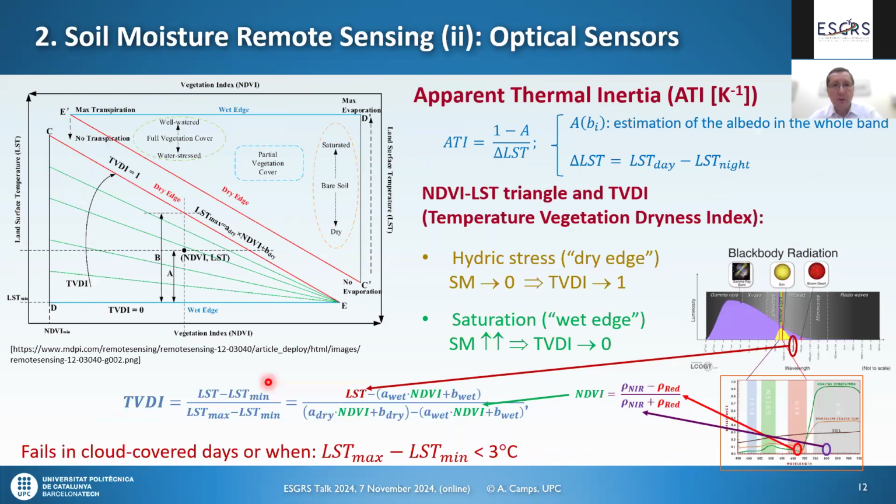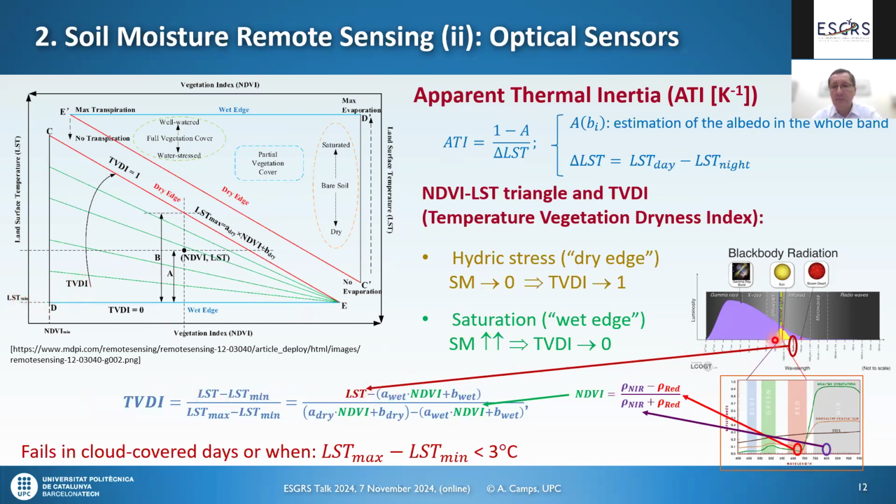Also, in the field of soil moisture, when we lack microwave sensors, people use the apparent thermal inertia, or this triangle. Basically what you have on the x-axis is the NDVI that I just commented on in the previous slide, and the land surface temperature, or LST.